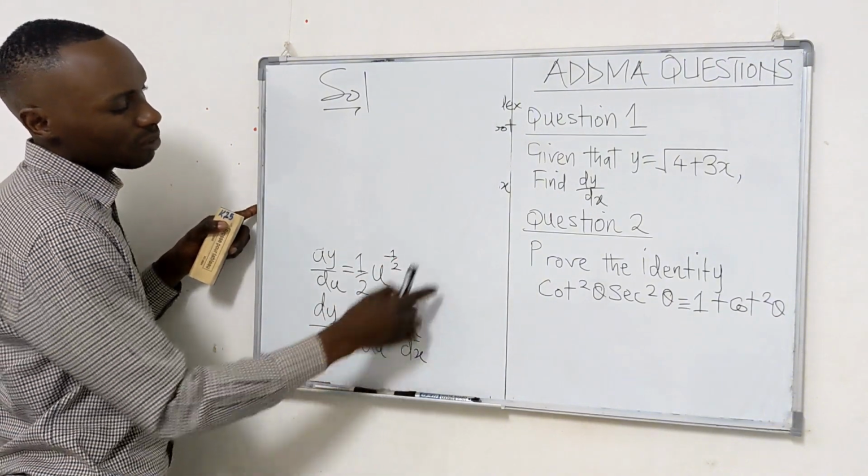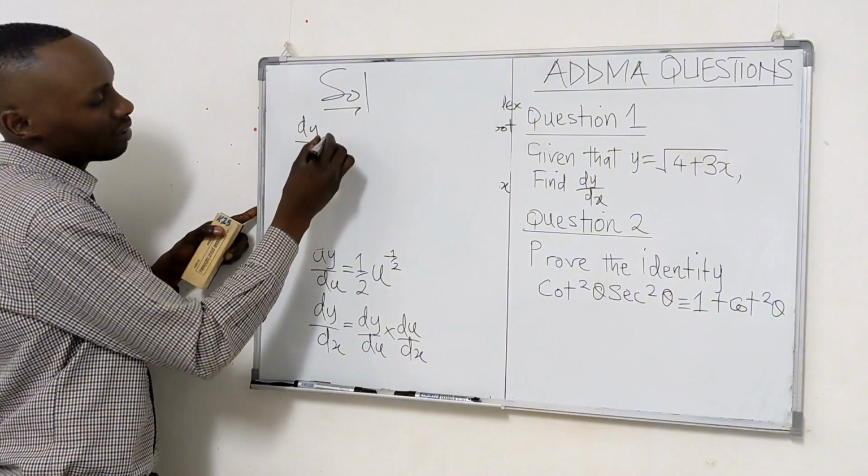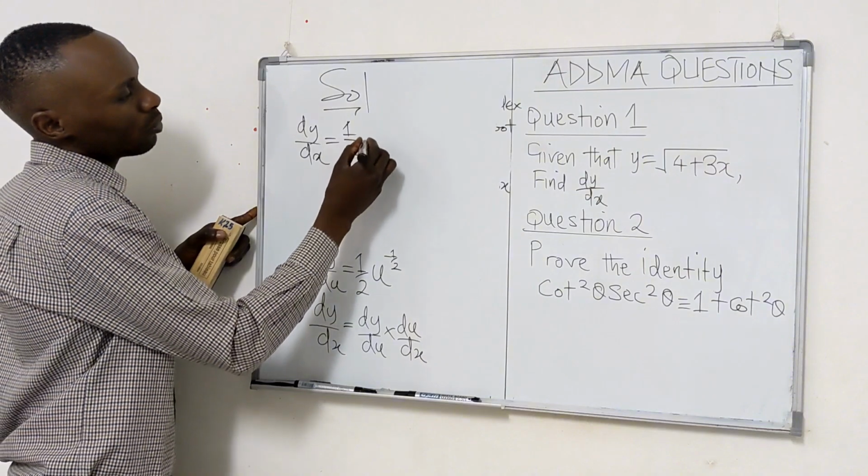On du/dx, we got 3. So dy/dx is equal to 1 over 2 u.